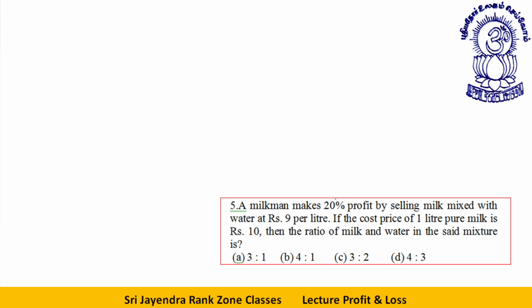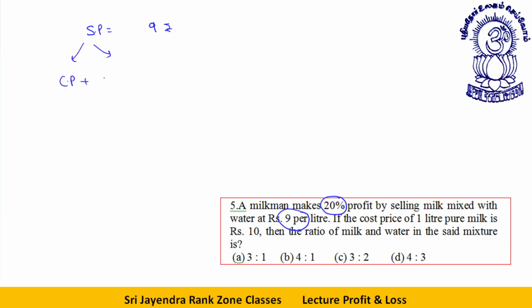See, he makes 20% profit by selling milk mixed with water at rupees 9 per liter. First of all, he's selling at rupees 9 per liter. SP is equal to 9 rupees. SP is equal to what?